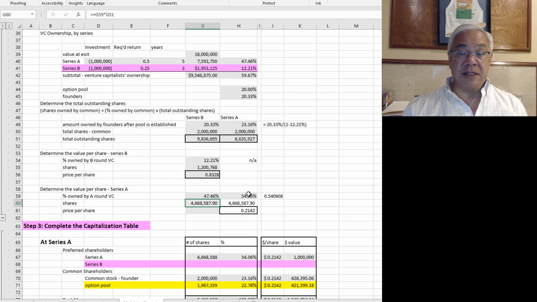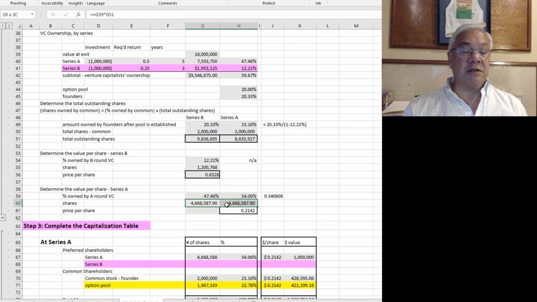Now, going back to Series A, before the Series B was funded, they will own their share of 4,668,000 divided by the outstanding shares at the end of Series A of 8.6 million, which means they will have 54% of the shares.